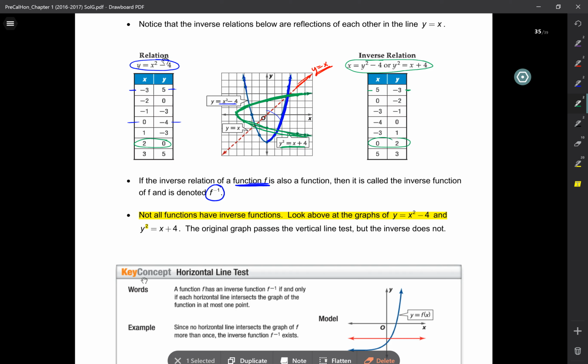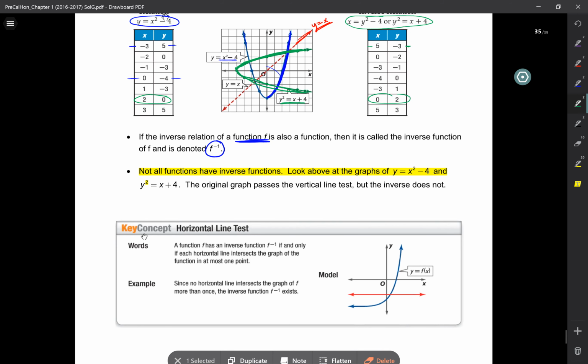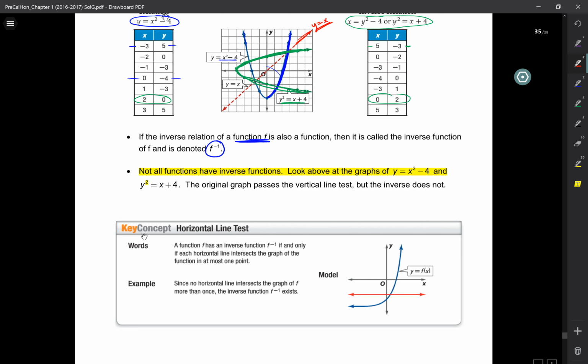How can we figure out from the get-go whether or not a function will have its own inverse function? For that, a function has to pass the horizontal line test. Take a look at this example down here. The horizontal line test is just like the vertical one.